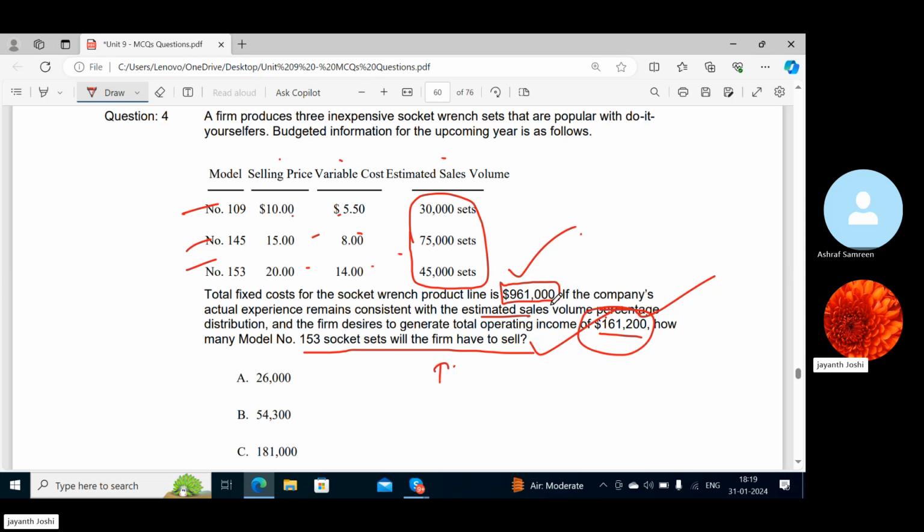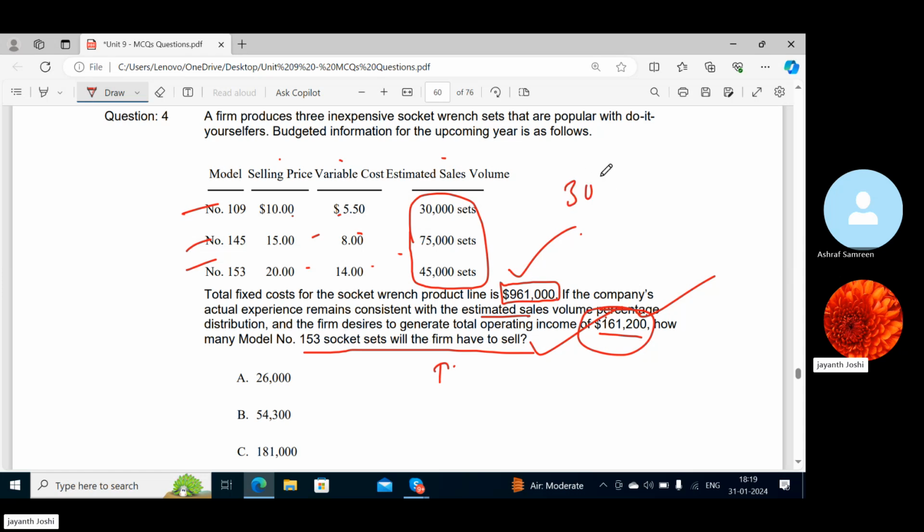So first and foremost, the estimated sales volume is given, right? We will see the ratio of the number of sets of each and every model.